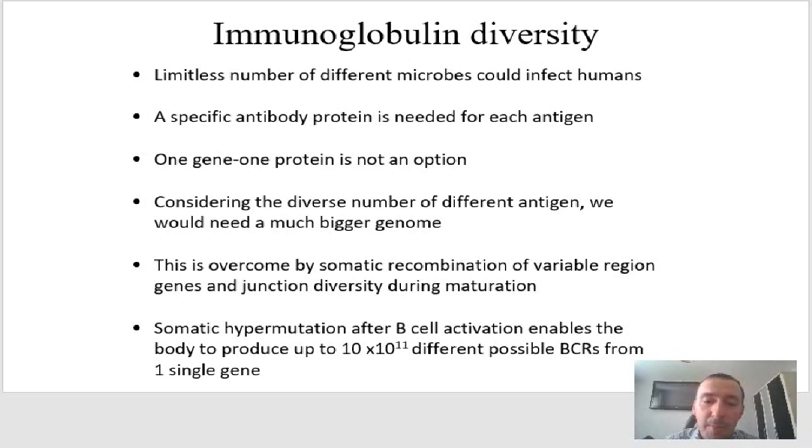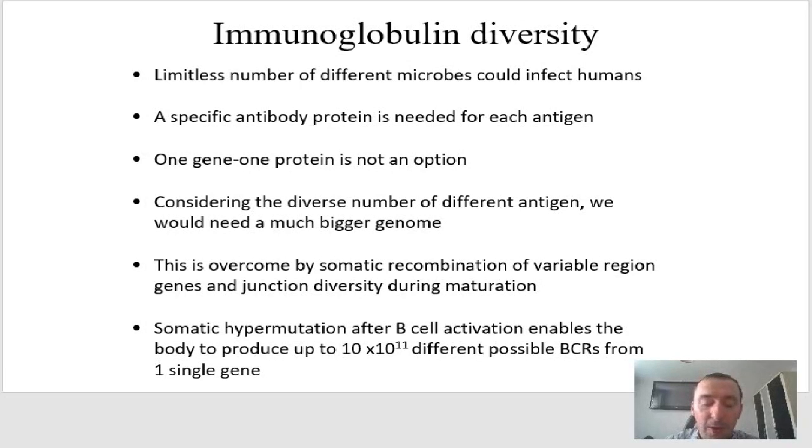Now, it would be impossible for our genome to have one gene for every individual pathogen that we have, which is why we have evolved to have a template B cell receptor gene or immunoglobulin gene. And what will happen then is each individual B cell will subsequently edit and modify that template gene in order to achieve their own version of that gene. If we wanted one gene for every pathogen, there would be no way that we'd be able to fit it in our genome. It would be too exhaustive.